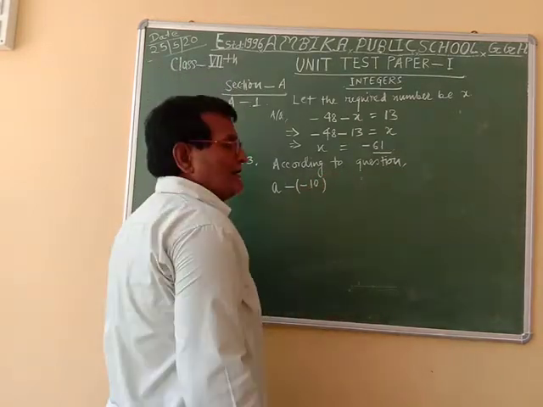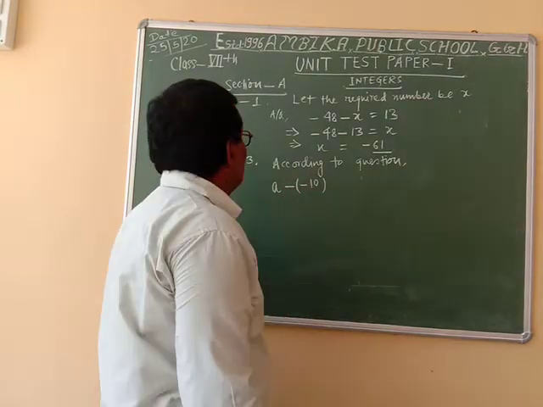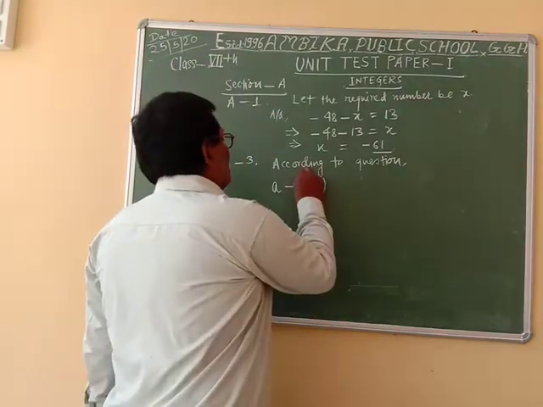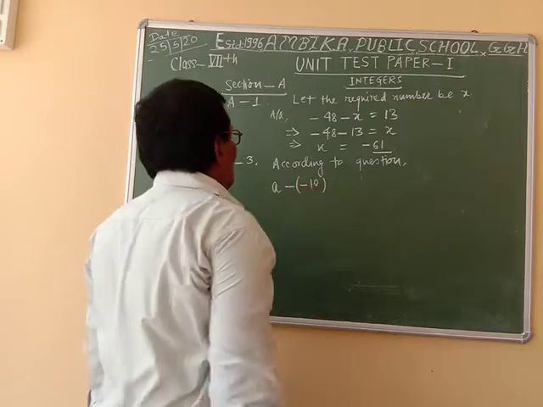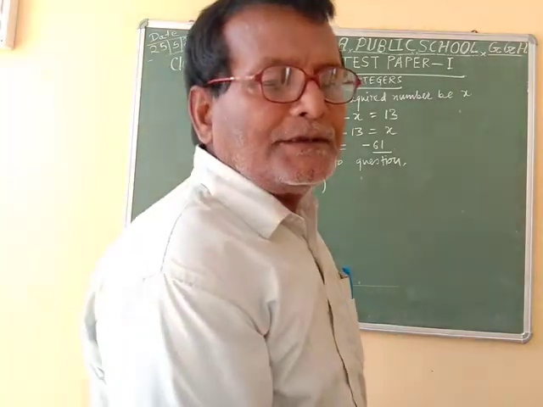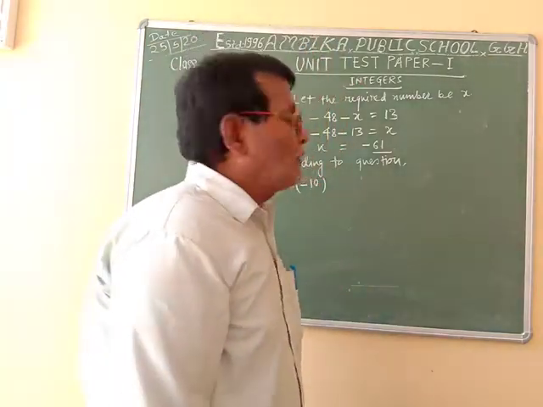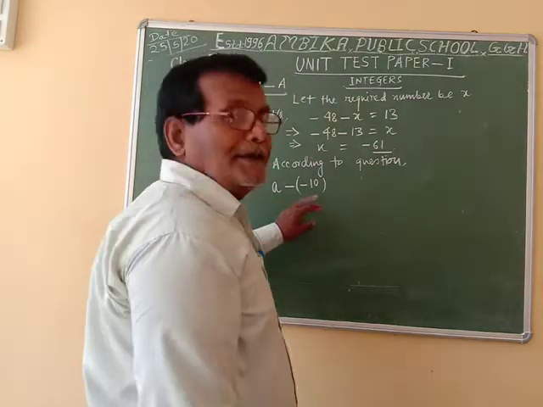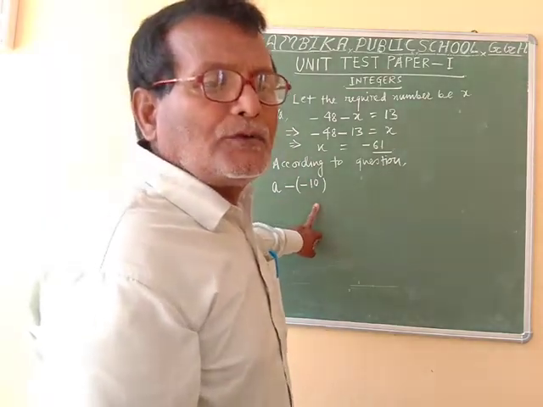We write the symbol minus because in the question the difference is given. The difference of integer a and minus 10 is equal to 5.